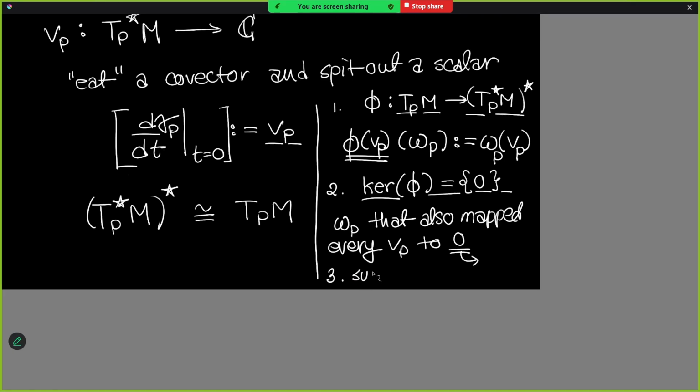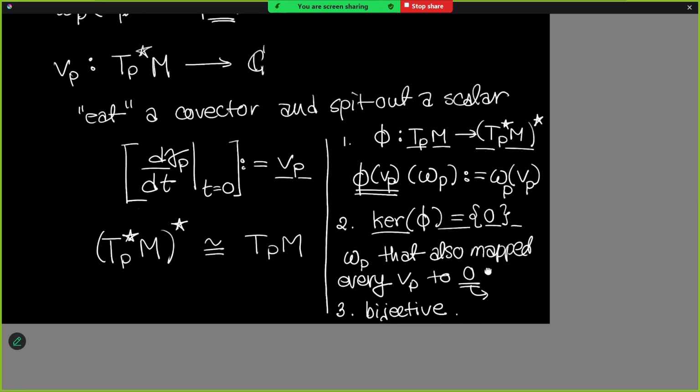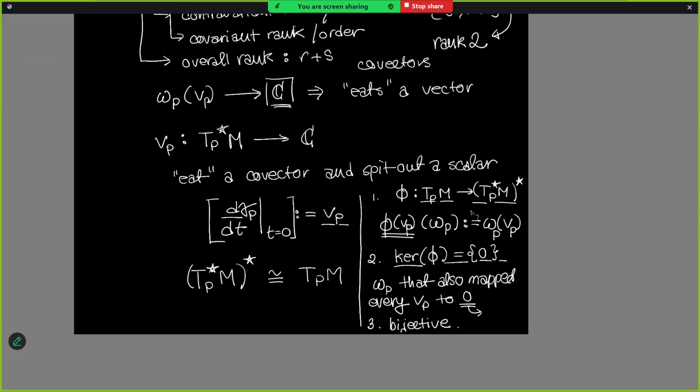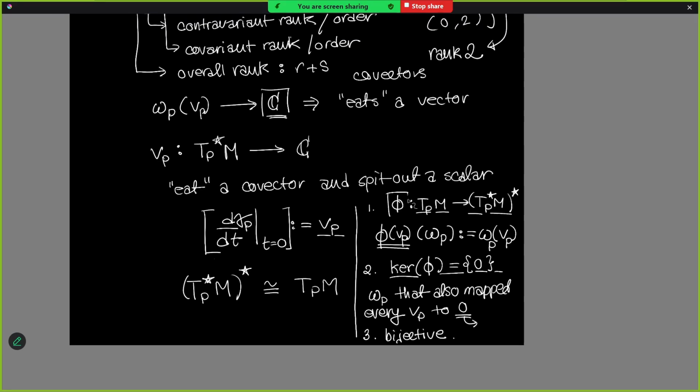So this means that it's also surjective, and therefore we skip the part where we prove that it's surjective. We directly say that this has to be bijective because they're both vector spaces. This is from another result in linear algebra. So that means that this is what we call the canonical isomorphism between T_p M and T_p star M star.